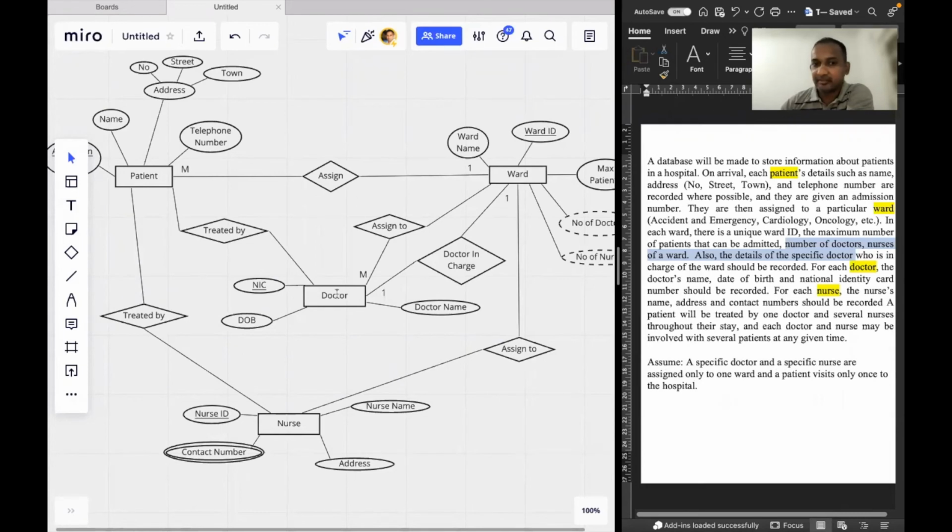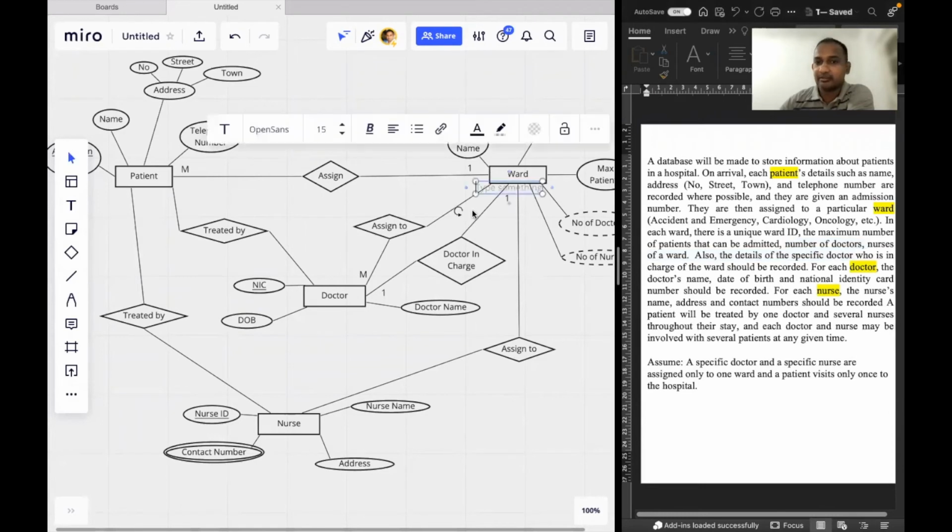That means if you take one doctor, he is assigned only to one ward. Therefore, the cardinality ratio of the other side is 1. Here is 1. Now you can identify this as a many-to-one relationship or one-to-many relationship.